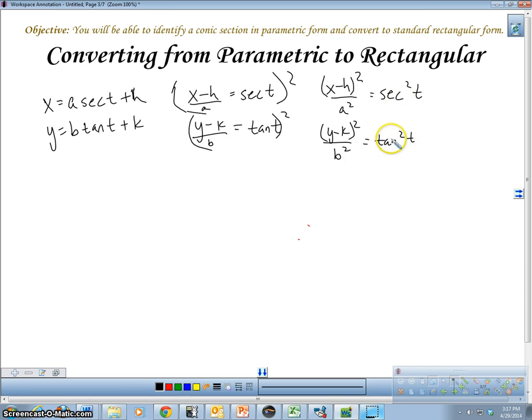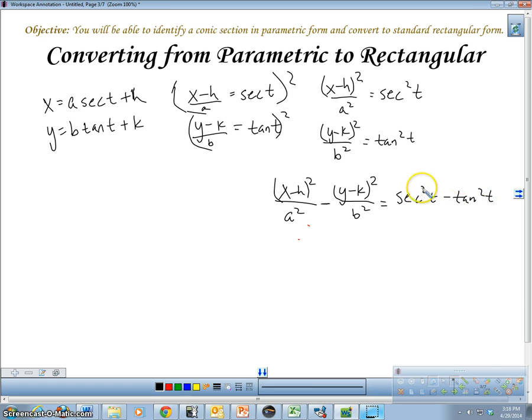Except in this case, we're not going to add, we're going to subtract, because the identity that we have for our Pythagorean identity for secant and tangent is that secant squared minus tangent squared is equal to 1. So I'm going to subtract now. So x minus h squared over a squared minus y minus k squared over b squared is equal to secant squared minus tangent squared.